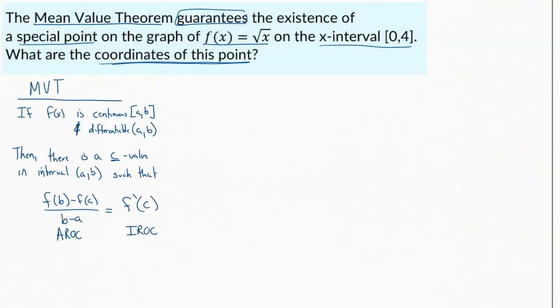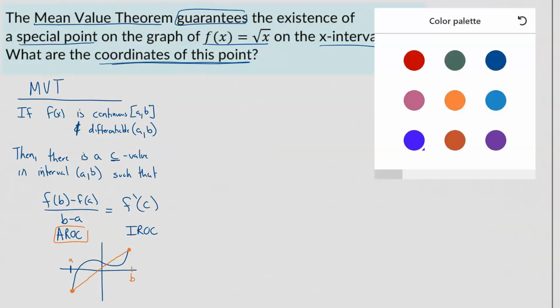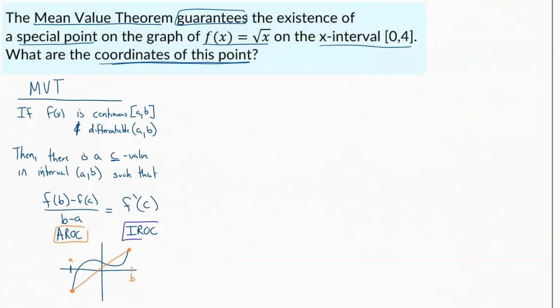If we look at that in terms of a graph, a quick example, say something that looks like this. I have this graph starting at A, there's this value. Starting at B, there's this value. My average rate of change between those two, so the line connecting those two dots, that's our average rate of change. That slope is equal to the instantaneous rate of change at some value in between.